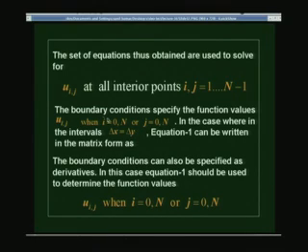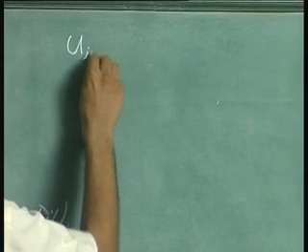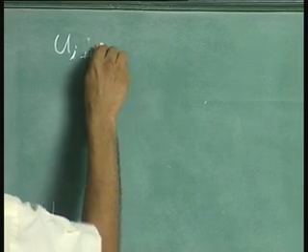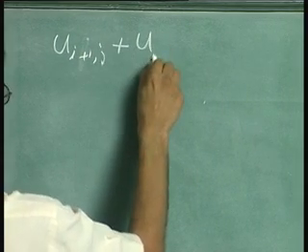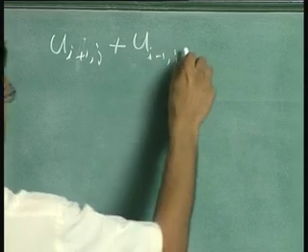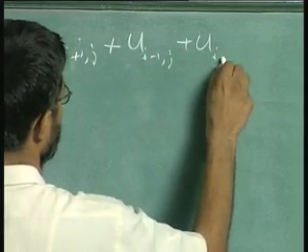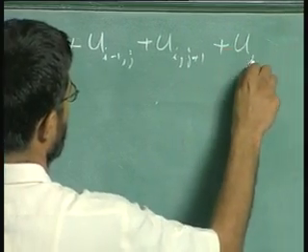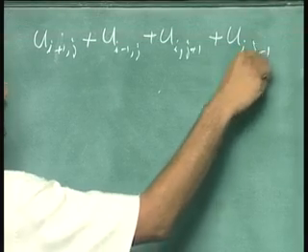simplification, that is Δx is equal to Δy, to write this in a much simpler form which we just now saw. Then you can write the equation in the index form as u_{i+1,j} + u_{i-1,j} + u_{i,j+1} + u_{i,j-1} - 4u_{ij} = 0.